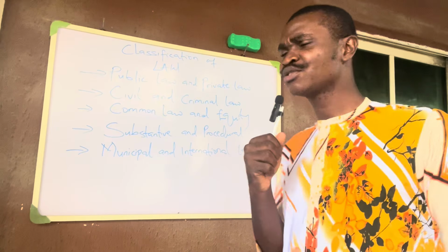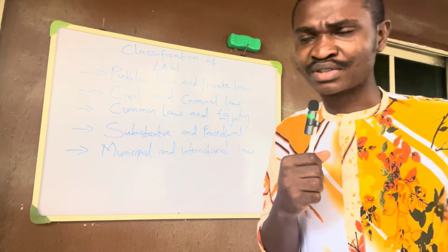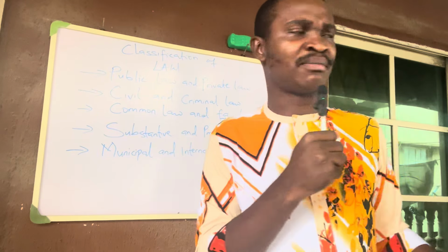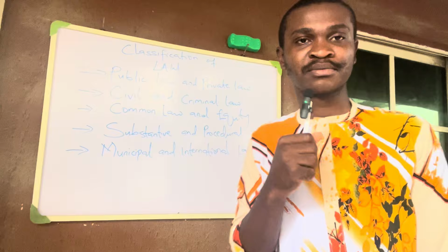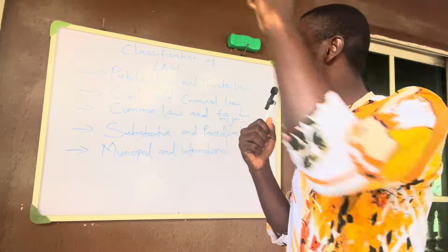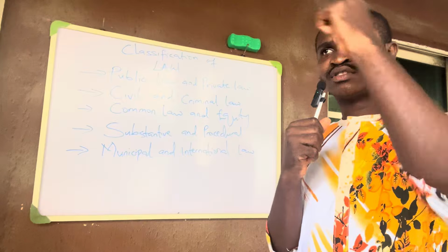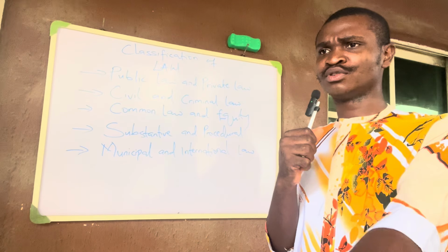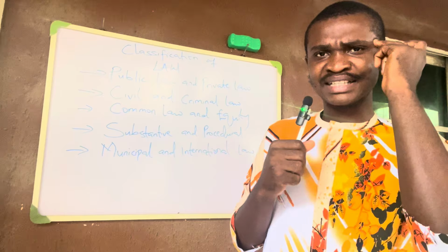For example, a client comes and says, my landlord chased me out of the house. He carried all my goods, all my properties, brought it out, and even beat me up on top. In your mind, because you're a legal practitioner that has good knowledge of classification of law, you already say, okay, assault: he beats you up. Criminal law has entered your head.